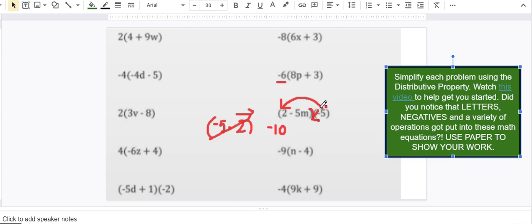Then we're going to distribute our -5 amongst the part we haven't done yet. So -5 times -5m. So in here, we're going to have -5 times -5m. And we know it's -5m because of this symbol right here. Okay, so as we look there, we say -5 times -5.